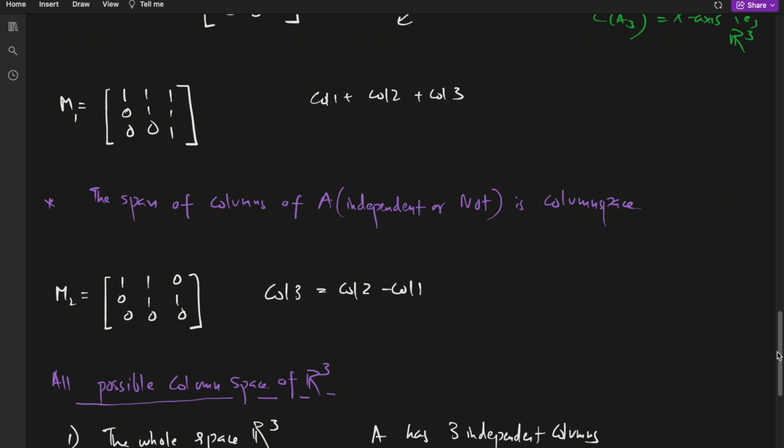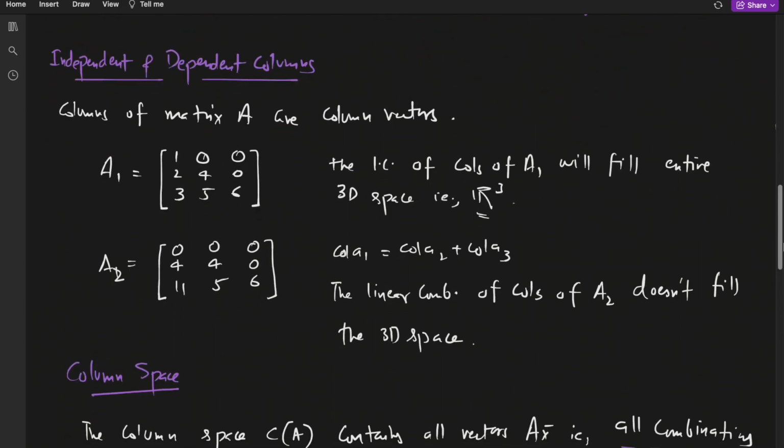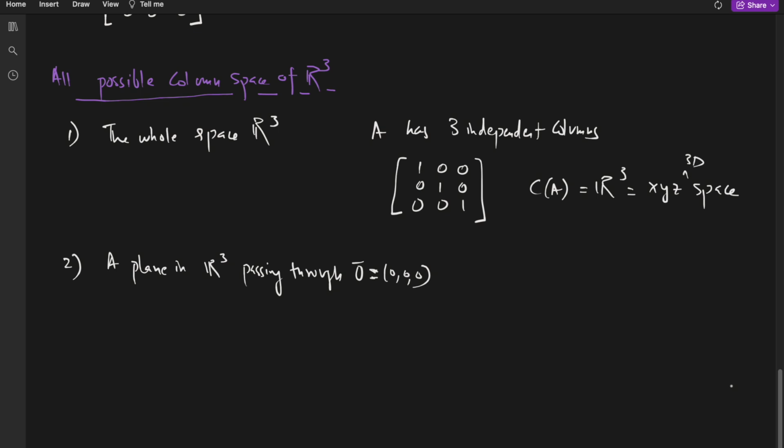Its column space is nothing but R2. Even this A2, its column space is nothing but R2. That is a plane passing through the origin, right? So how will a matrix look in this case? The matrix A has only two independent columns. The third column is a linear combination of the remaining two.